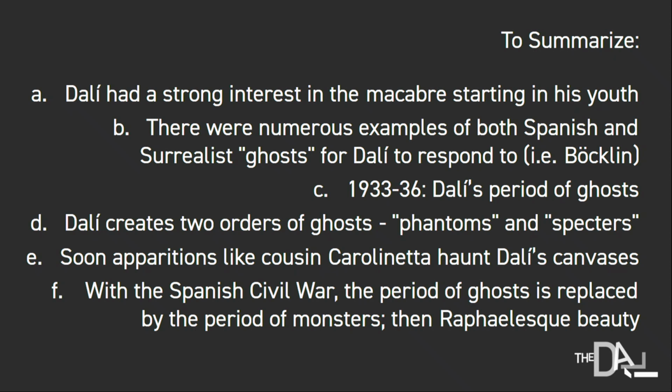Soon, his own cousin becomes one of these ghost-like creatures that haunts his works. And then finally, with the breakout of the Spanish Civil War, times change, Dalí changes, and things have moved on to eventually his embracing of Raphael and the Renaissance and a kind of call to order and reason, something very much at odds with these kind of haunting images that we saw through the 1930s.